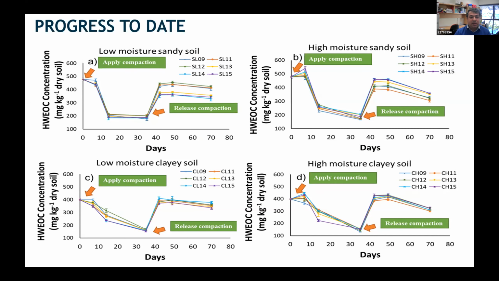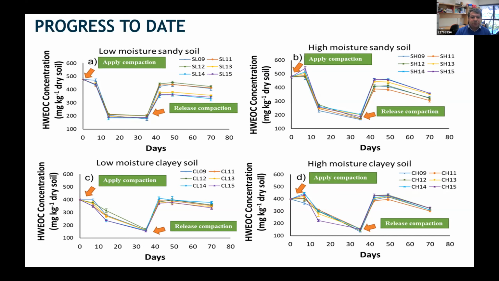For example, the graphs that you're watching are related to the extraction of hot water extractable organic carbon. This is slightly different from extraction of organic carbon. In this case, we keep the soils in hot water, 70 degrees centigrade, for around 16 hours, and then we extract the samples.